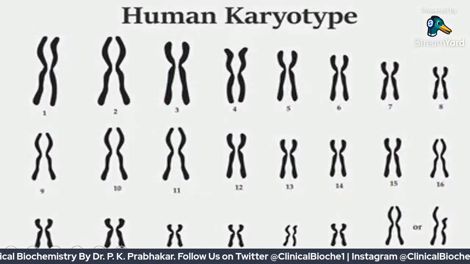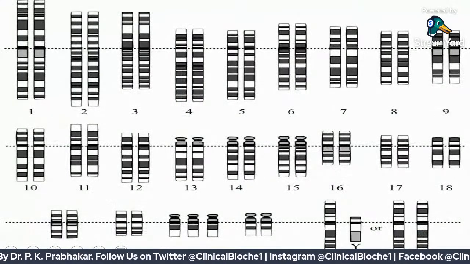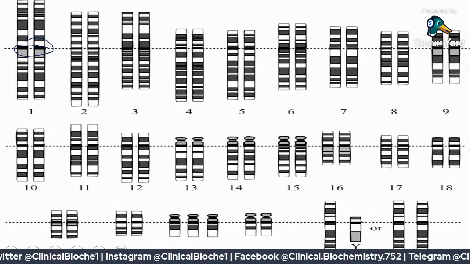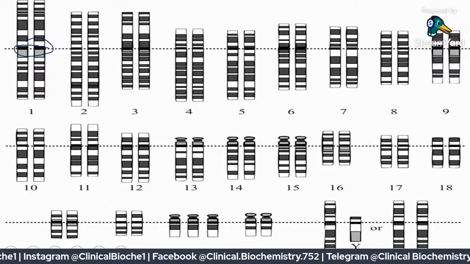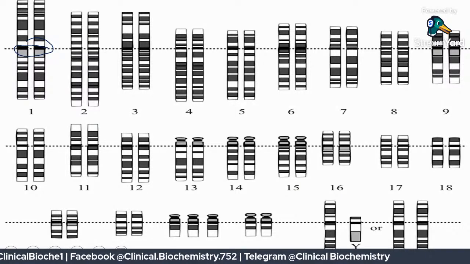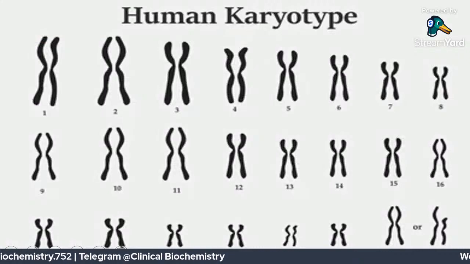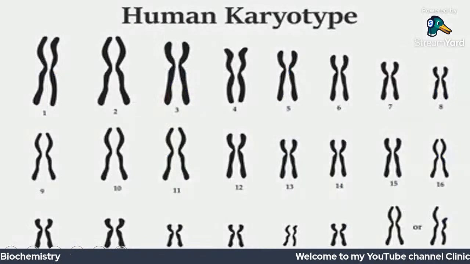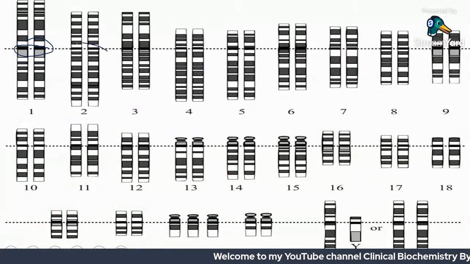How this works you can see better in this picture. So see, this is chromosome number 1. This is the centromere position. In this case, chromosome number 1, roughly it is equally dividing the chromosome, so it is metacentric. Second, I will go to submetacentric, chromosome number 2 or 4. There you can see this centromere is not exactly in the center.